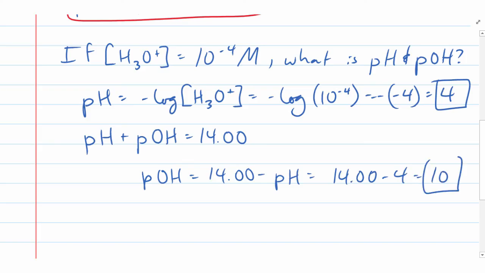That is going to give us an answer of 10 for the pOH. So again, the sum of the pH and the pOH will always sum to be 14. Any questions on that particular problem?